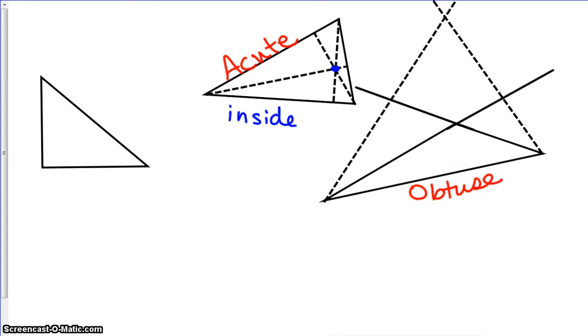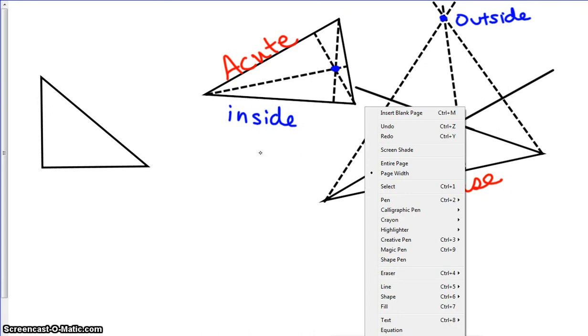And then for this last one, we need to continue this all the way out to here. So now we have a point of concurrency out here outside of the triangle. That means that in an obtuse triangle, the orthocenter is outside.